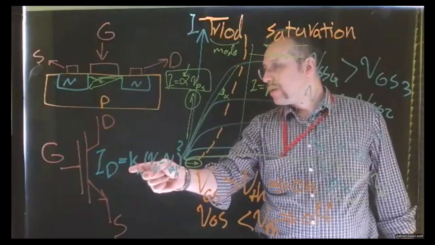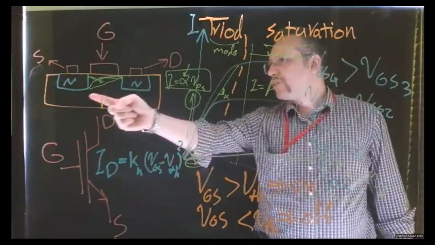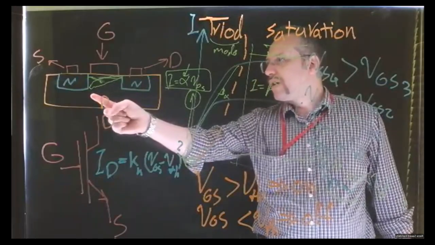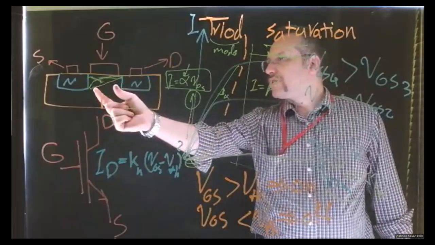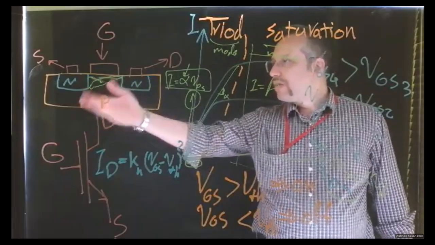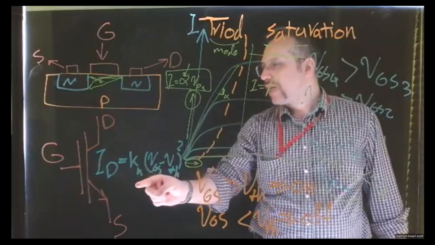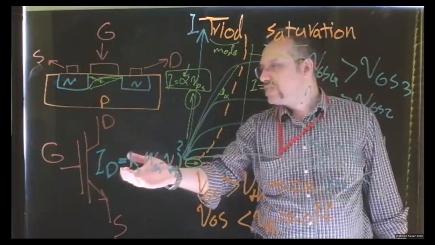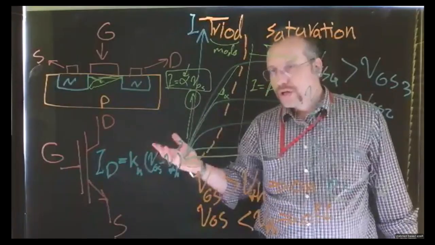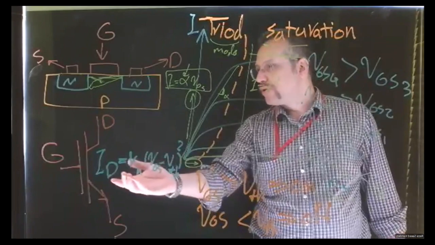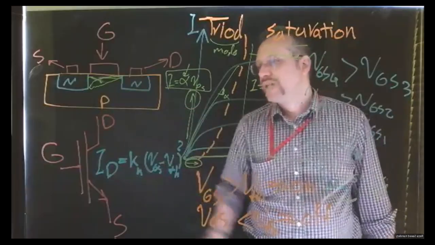That Kn is a function of the physical characteristics of this MOSFET, like the length, the material inside it, the distance between the two gates. There are a lot of parameters that contribute to Kn, but you don't need to worry about it. You can easily measure Kn in the lab, and in a data sheet there is information where you can get Kn easily. So don't worry about what is inside the Kn.